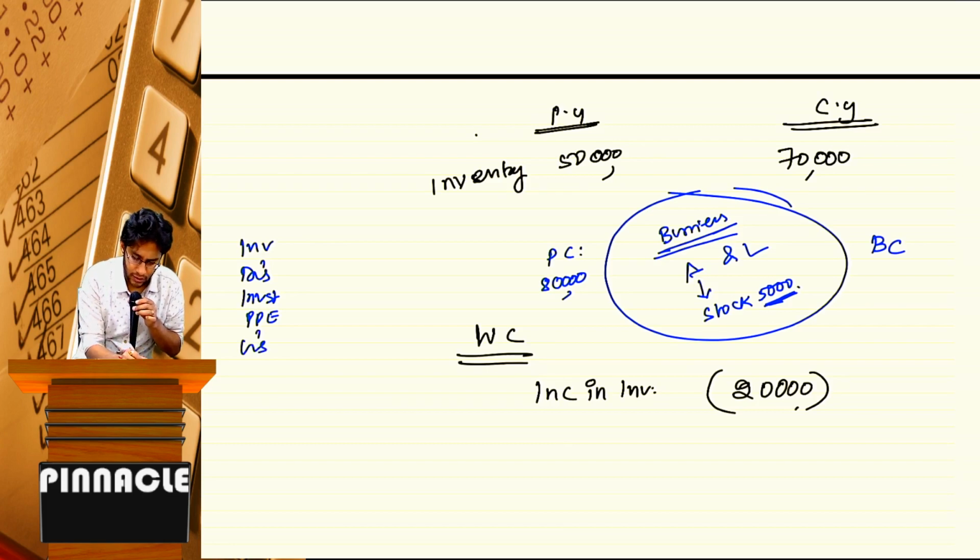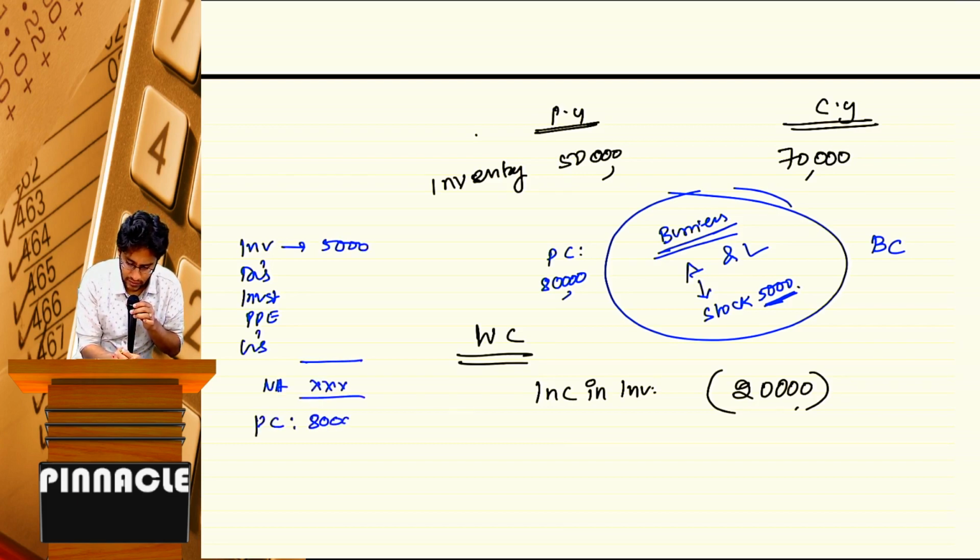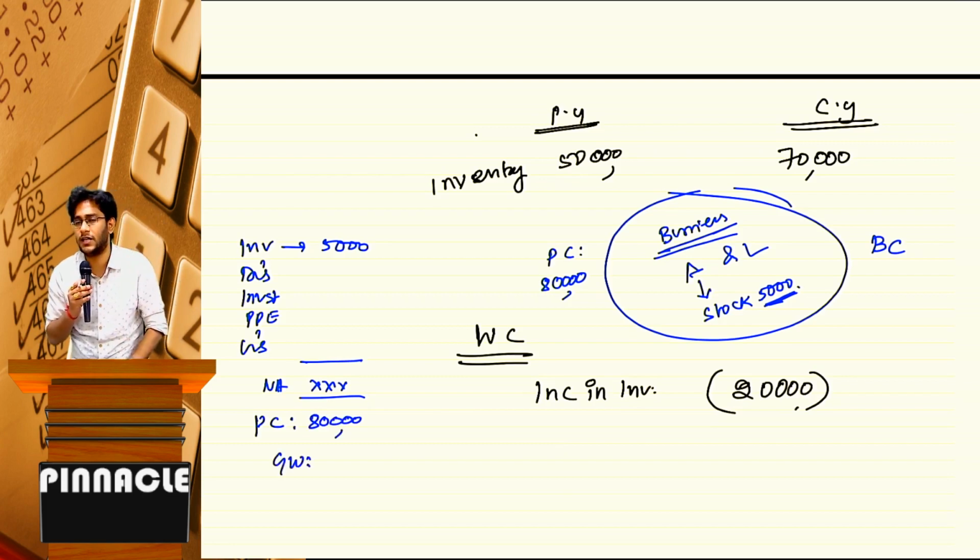In the inventory also there is 5,000. For all this, some net assets value is there. For all this only you paid a PC of 80,000. In the process goodwill also came. In the consolidated cash flow statement, what is the requirement of the standard? Whatever cash component you paid, that you show under investing activity.